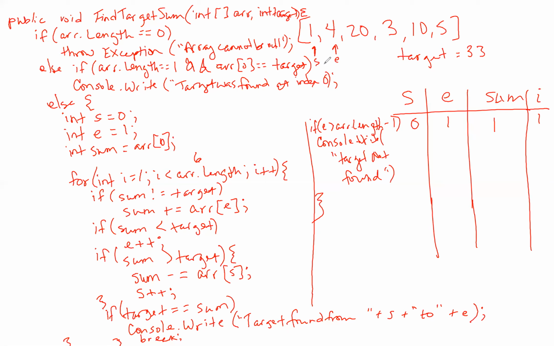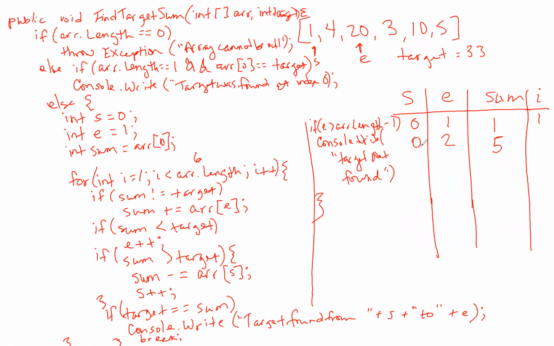So 1 plus 4 is 5. Then if sum is less than target, which it is, E++. So let's increase E. Okay, E is now 2, S is still 0.